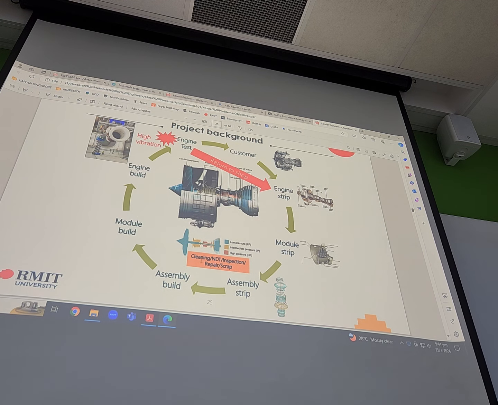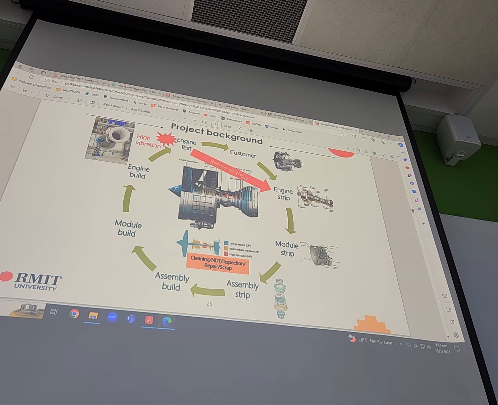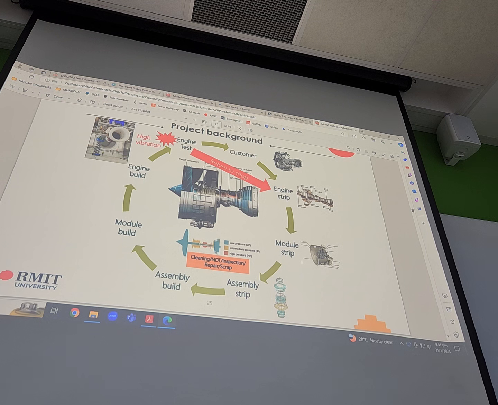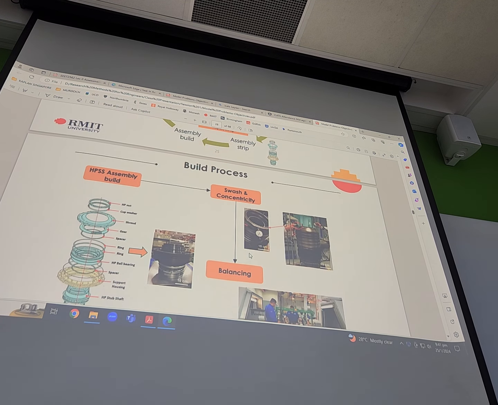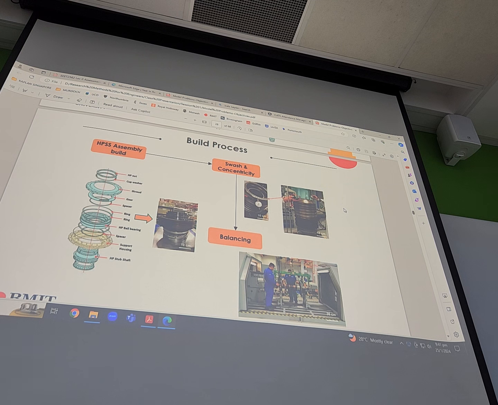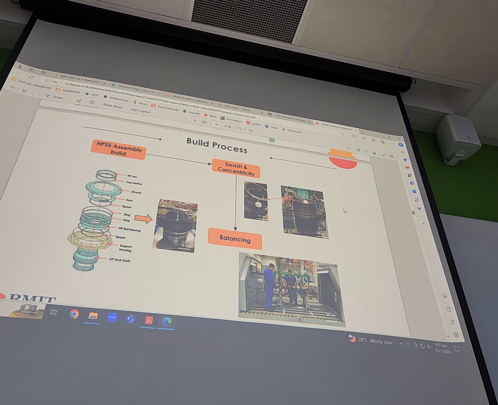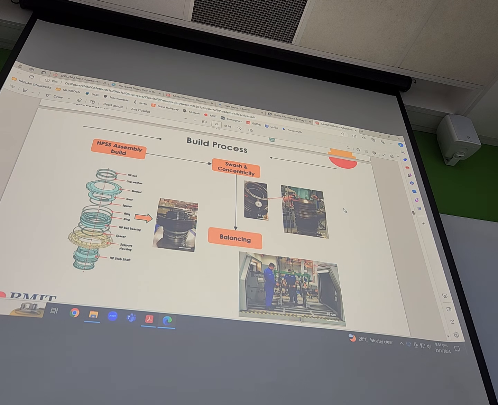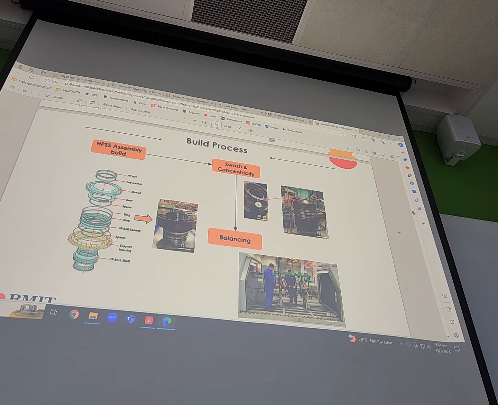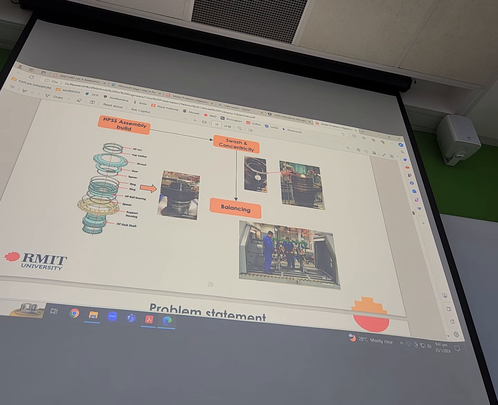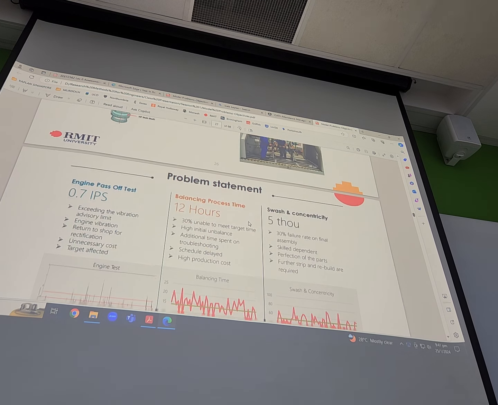You can see here NDT, inspection, repair, scrap, clearing, cleaning. You know the meaning of all those terms, right? The build process is shown here again with the help of figures. I'll not go through this because it is not required.